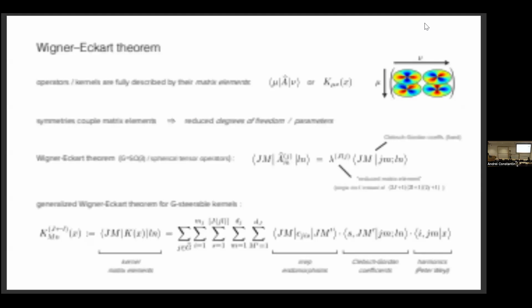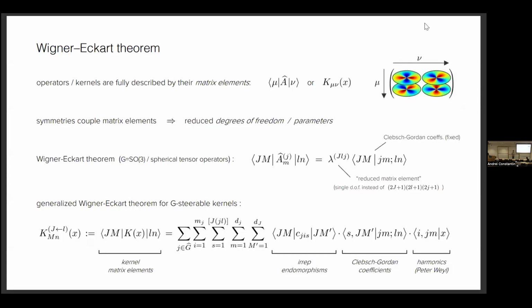For G-steerable kernels, we get a very analogous result, where the matrix elements are again determined by Clebsch-Gordan coefficients, just like here. The generalization of these matrix elements are endomorphisms of irreducible representations. That's one-to-one the same, only that we don't only look at SO3, where they are just complex numbers.